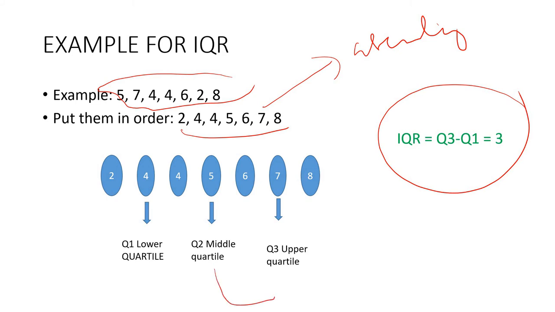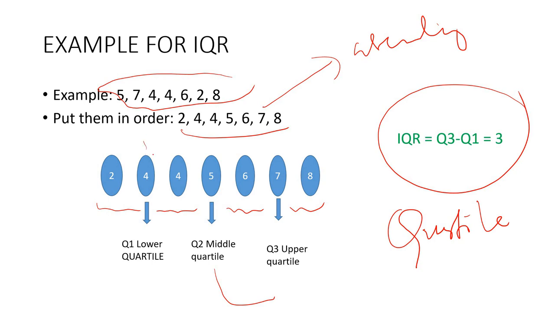In the interquartile range, to find the IQR, we need to split the data into 4. That is quartile. Quartile means you need to split the data into 4. Here also you split the data into 4: this is 1, this is 2, this is 3, this is 4. These are the cut points.